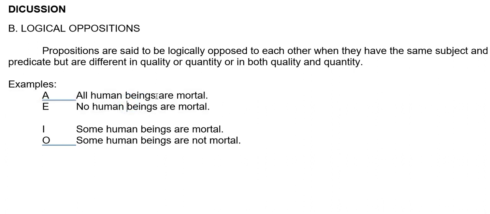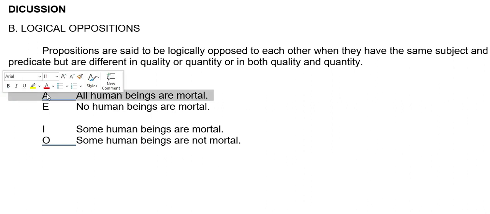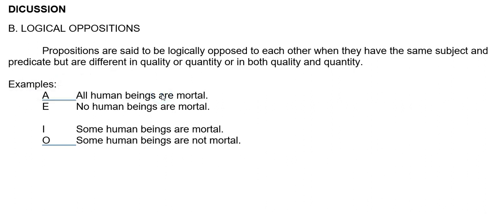They have the same subject, human beings, and the same predicate, mortal, but they differ in quality, because in the first one, an A proposition, there is an affirmation between the subject and the predicate.